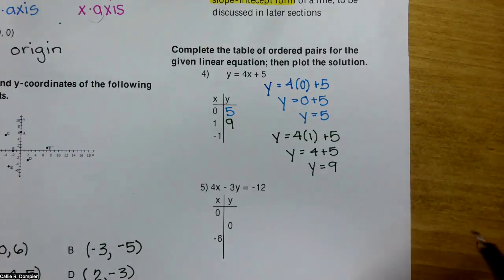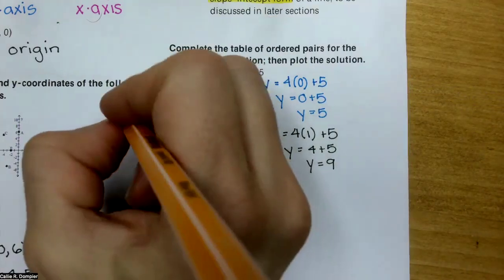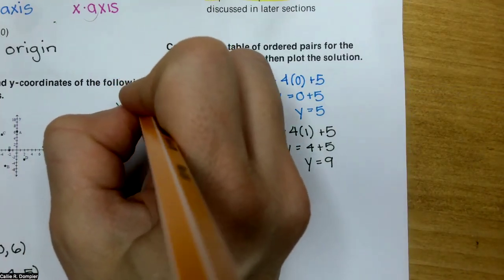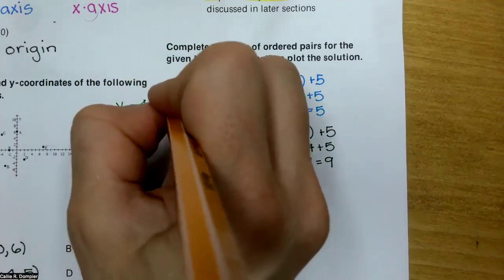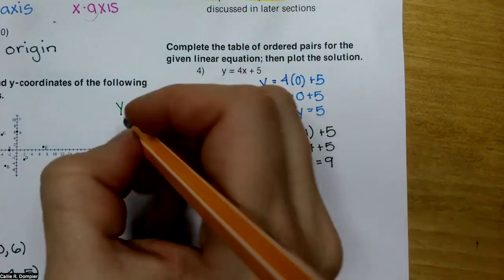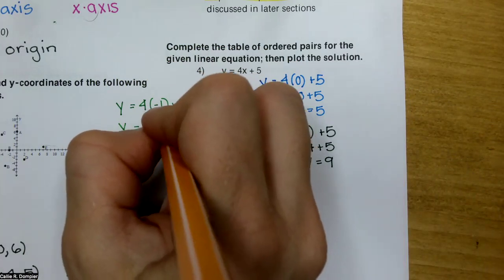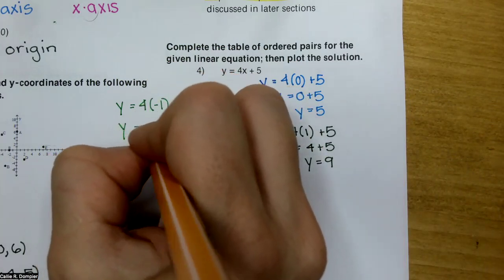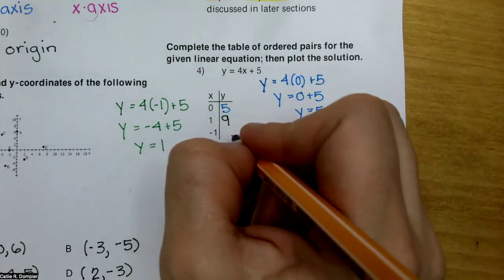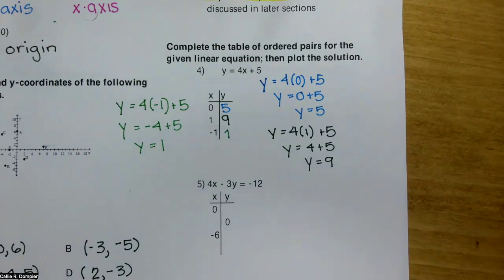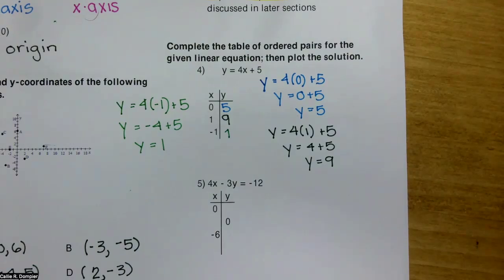When x equals -1, what happens? y equals 4 times -1 plus 5. 4 times -1 is -4, plus 5, so y equals 1. When x is -1, y is equal to 1. Okay? And when it says plot the solution, what that means is that these become your points.